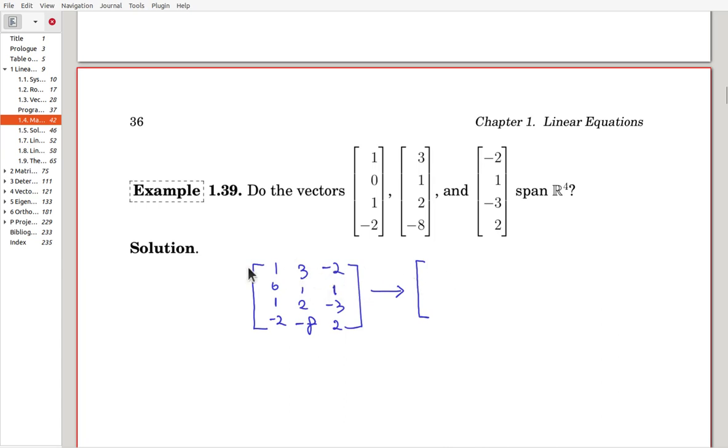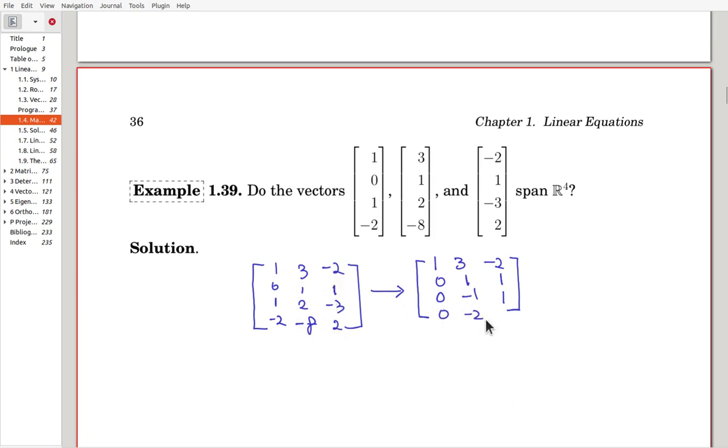Now this is a pivot, so 1, 3, minus 2, and we'll try to eliminate below: 0, 1, 1, after subtraction. For the next row, twice addition will make it 0, minus 2.